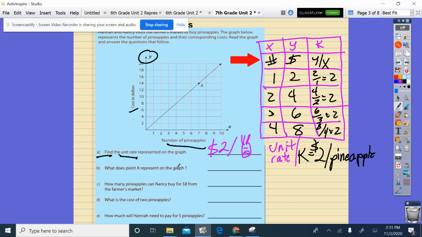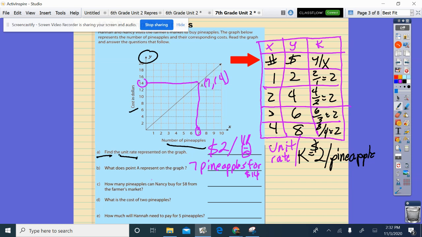What does point A represent on the graph? Well, point A is right here, and its coordinates are 7 and 14. That means that I can buy 7 pineapples for $14. Now let's see, how many pineapples can Nancy buy for $8 from the farmer's market?